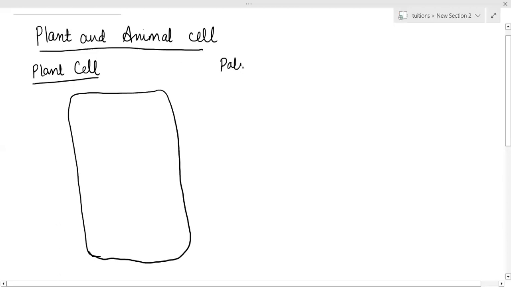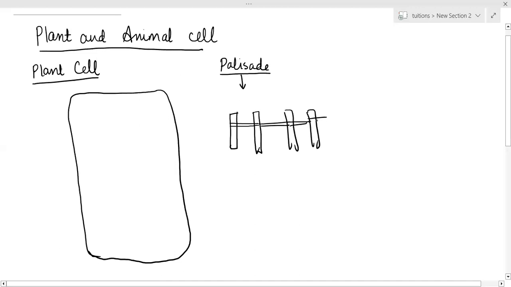Why do I call it palisade, first of all? The word palisade actually comes from, you remember in the olden times and right now also in many villages, you can see fences like these around homes, which are made up of wood. Fences like these. The shape of these fences is known as palisade. And this particular cell from the plant cell is depicting this palisade.